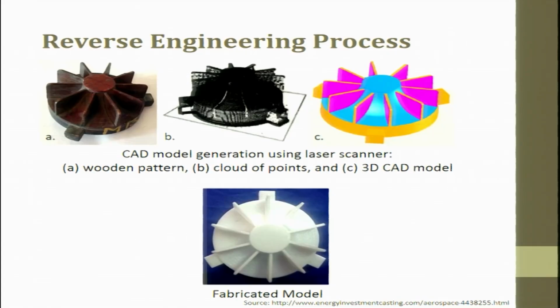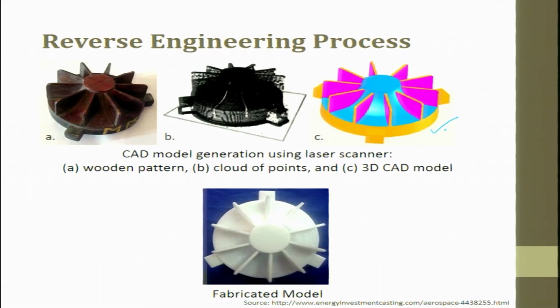So, if you look at it, these are the processes which are involved. A is a wooden pattern which is made, and from there when we do the scanning, it can be contact or non-contact, you get a point cloud of data. Then you see that there is a lot of error in the point cloud data. These errors are removed and what you get is 3D data.